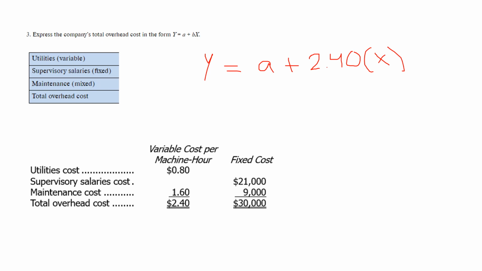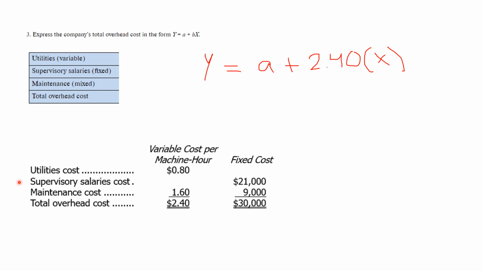So then let's look at our fixed costs. If we look at our utilities, there are no fixed costs associated with them, so that's fine. For our supervisory salaries cost, the entire portion is fixed, so that full $21,000 from the prior question will go into our total fixed costs.